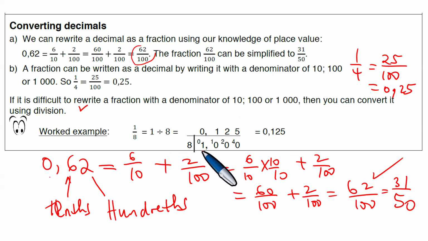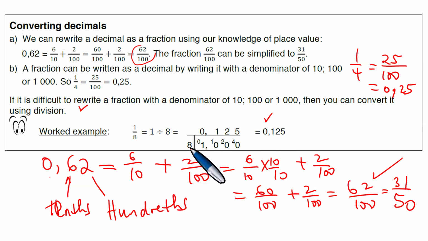So now you start by saying you have 1 divided by 8. 8 goes how many times into 1? It goes 0 times. And then obviously, if it goes 0 times, you put a decimal comma. After you've put a decimal comma, you imagine yourself with a 1 and a 0, because the remainder is 1.